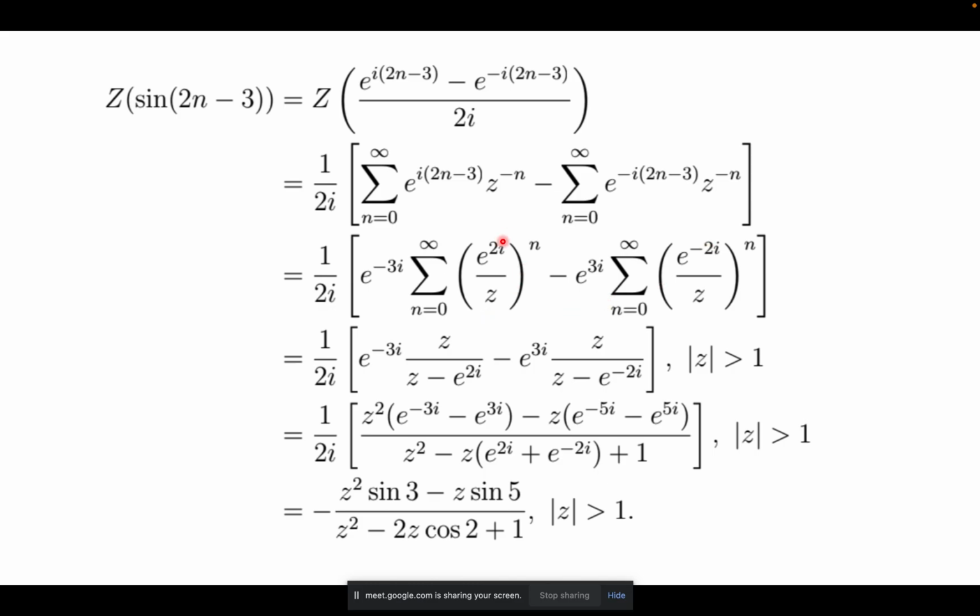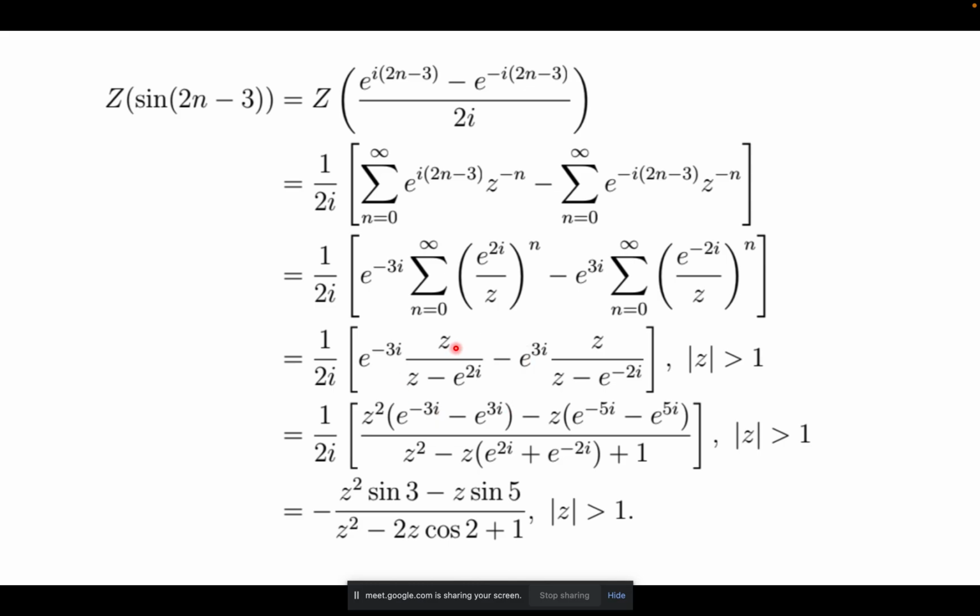Now this is nothing but an infinite geometric progression series, and for that you can easily write the summation of this infinite series using the geometric progression formula. So here I am directly writing this. You will get e power minus 3 iota times z upon z minus e power 2 iota, minus e power 3 iota times z upon z minus e power minus 2 iota, with modulus of z greater than 1, which confirms that this series is converging.